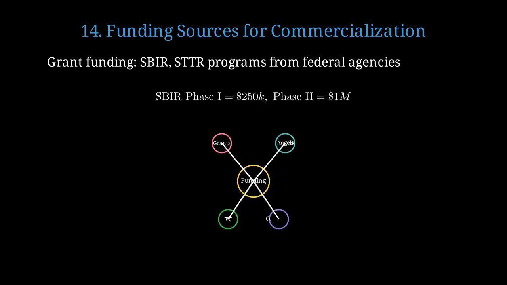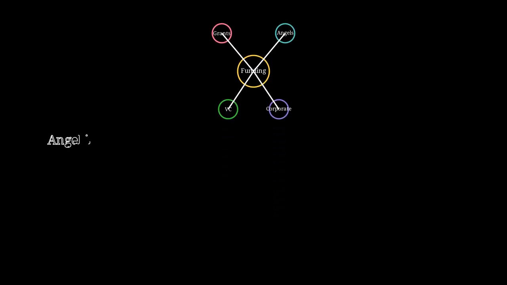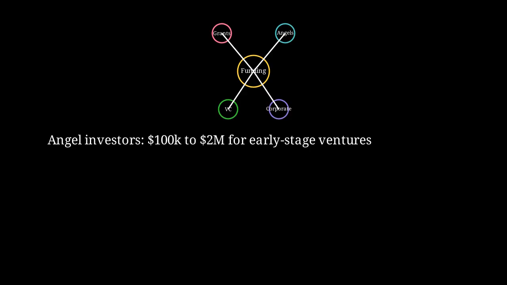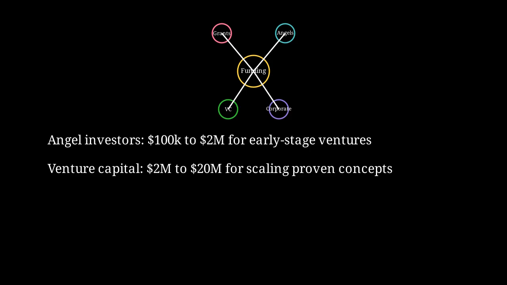Multiple funding sources exist, including grants, angel investors, venture capital, and corporate partnerships. Each has different requirements and expectations. Angel investors typically invest $100,000 to $2 million in early-stage ventures in exchange for equity. Venture capital provides $2 million to $20 million for scaling proven concepts with clear paths to large returns.